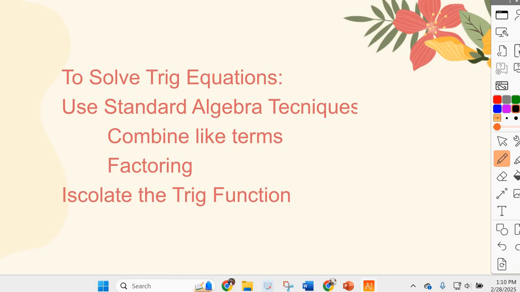Sometimes we might have to combine like terms or factor, but in general, we are trying to isolate the trig function. That way, we can go backwards and use our unit circle.